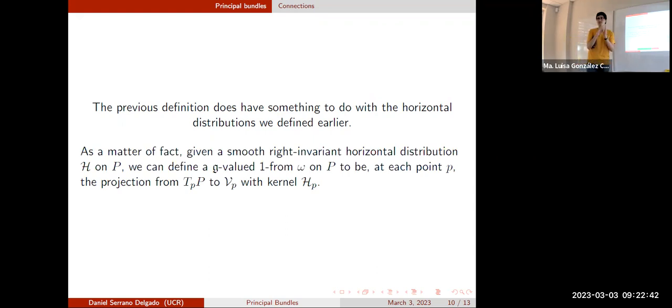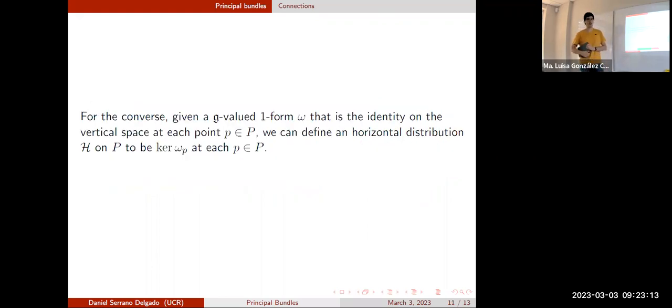So if we have a connection on P, we can define a G-valued one form on P, from the tangent space of P to the vertical tangent space of P, such that it has a kernel HP, a one form that is the identity on the vertical space at each point p, and we take H to be the kernel of omega at each point.